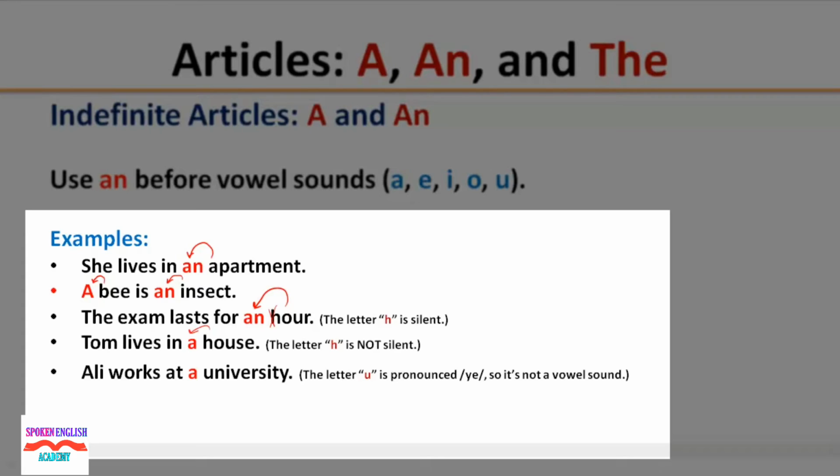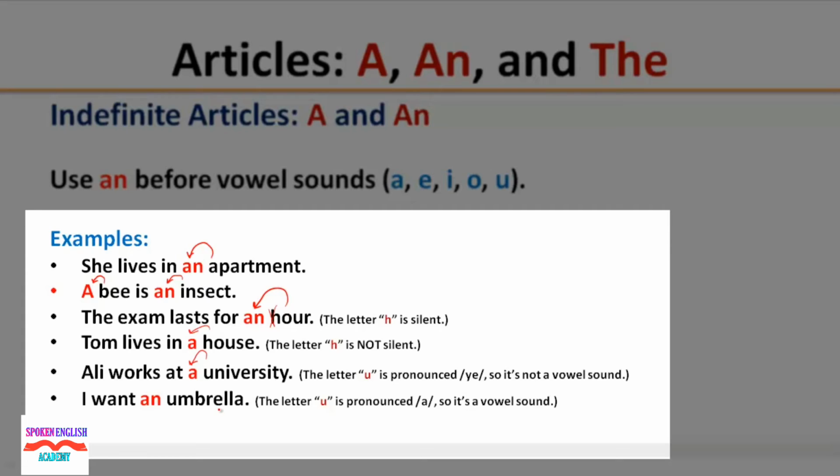Ali works at a university. The word university starts with the letter U, and it is pronounced Y, so it is not a vowel sound. So it is preceded by a: a university. I want an umbrella.